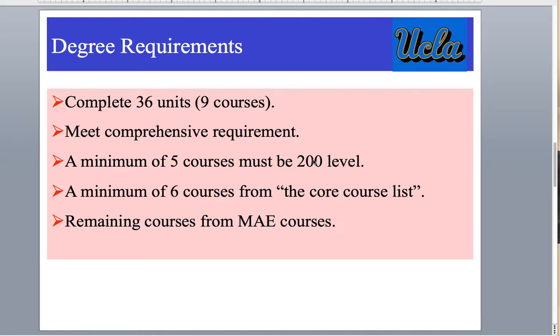It depends on the specialization or the way that you want to structure your career. You could choose additional undergraduate or graduate courses within the remaining 4, but you have to take at least 5 at the 200 level. So now we figured out the courses.